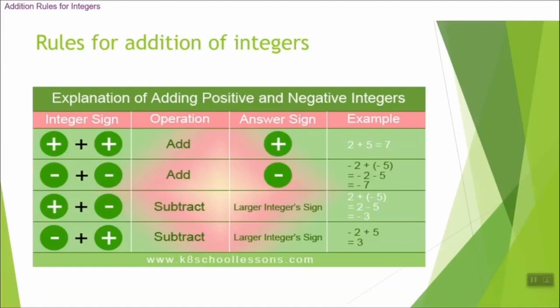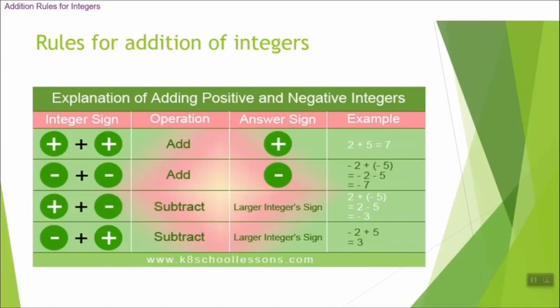While in the third case and the fourth case, in both the cases, one integer is positive and the other integer is negative. So the operation which you need to perform is subtraction, but the sign of the larger integer will come. Like in the third case, 2 and 5.